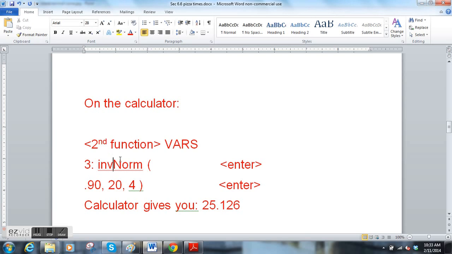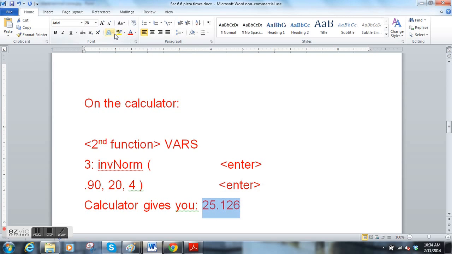Yep, inverse normal, and then you hit enter, and then you type in the percentile. So in this case it was 0.90, comma 20, the mean, comma standard deviation 4, and then close the parentheses and hit enter.